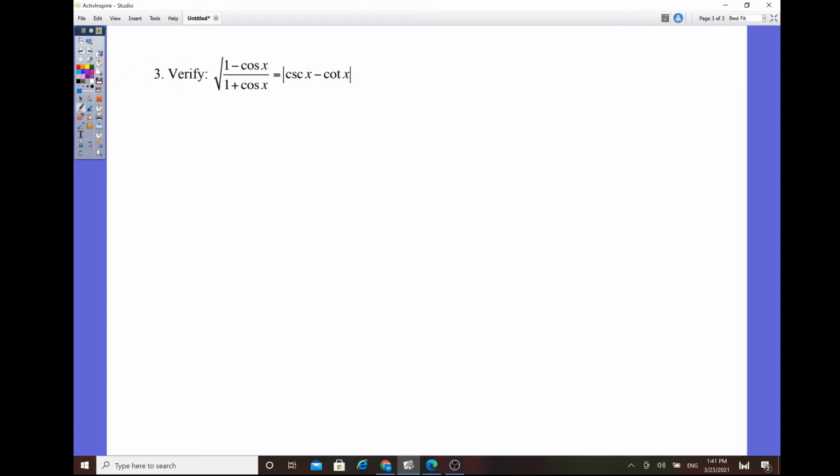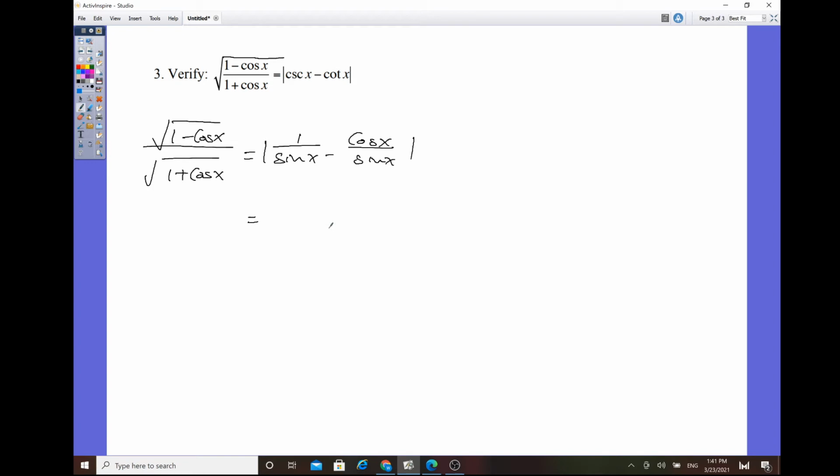So that one is just a square root. Okay, so start with the left-hand side. If you just pull the radical, separate it, so square root of 1 minus cosine of x, top and bottom. And then on the right-hand side, what we have is cosecant, which can be written as 1 over sine of x minus cosine of x over sine of x.